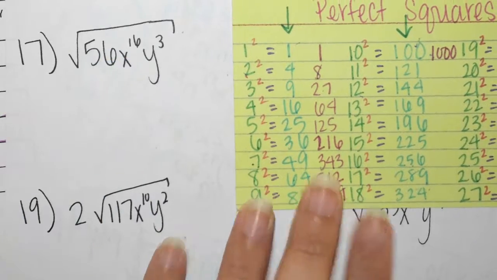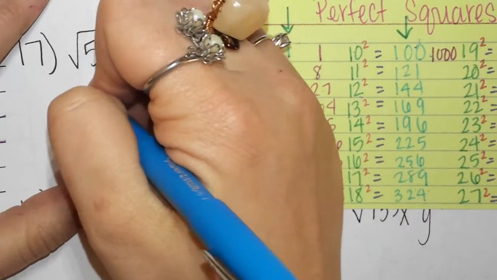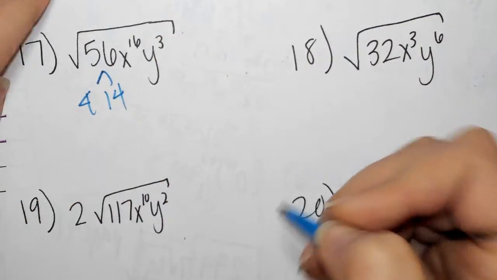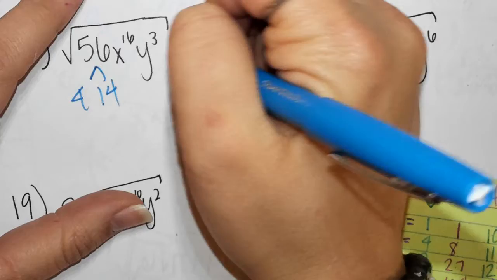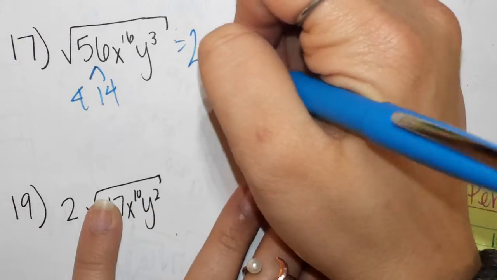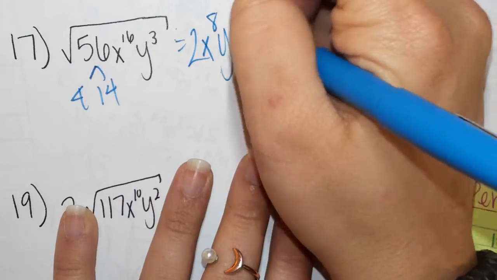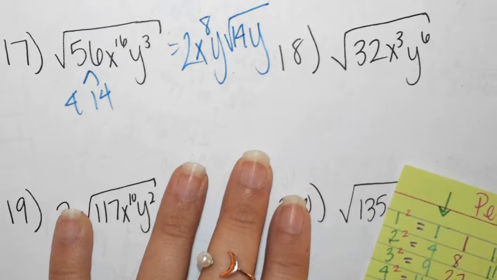All right, biggest perfect square that goes into 56. 4 times what? 14. All right, what's the square root of 4? 2. So 2 comes to the outside. 2 goes into 16 how many times? 8 times. 2 goes into 3 how many times? Once, with 1 left. 1 inside.